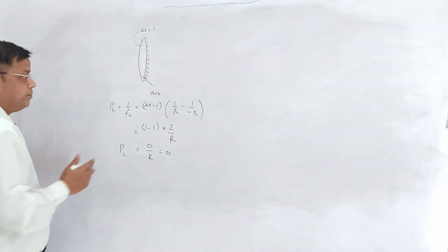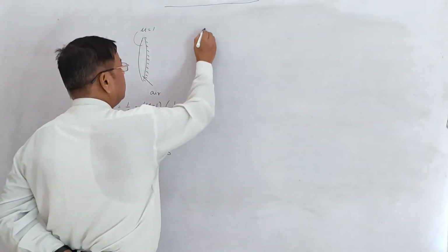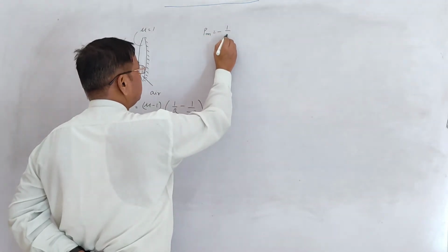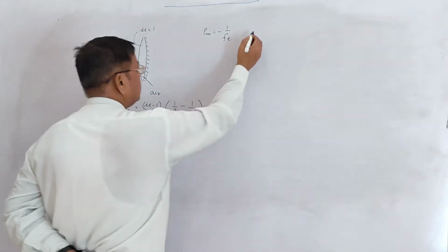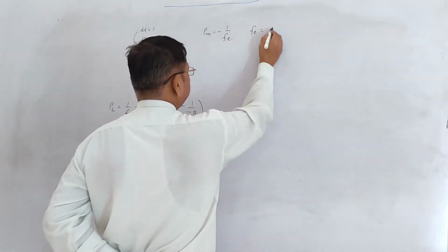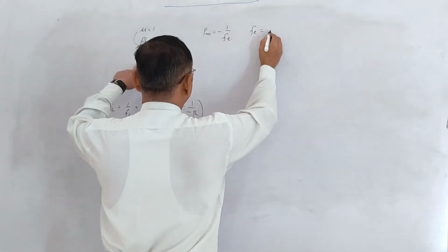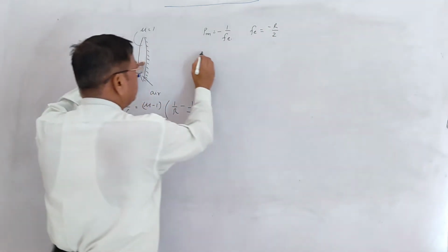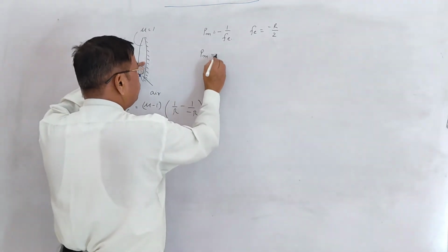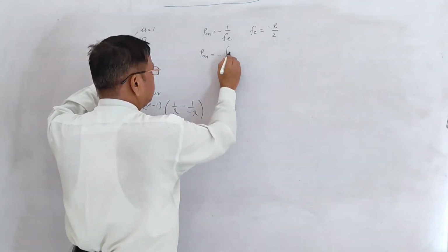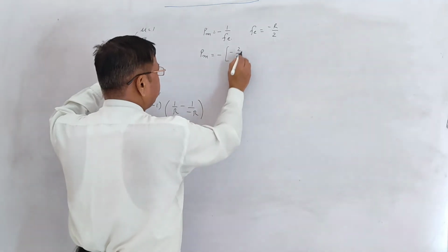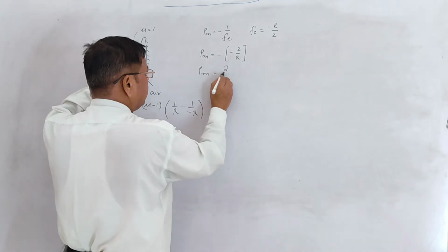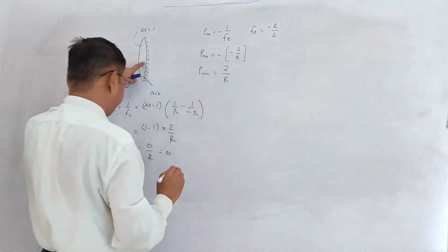What is power of mirror? PM is minus 1 upon FE, and FE in this case is R by 2, that is negative, so minus R by 2. So PM will be equal to minus 2 by R, so it is plus 2 by R. This is PM.